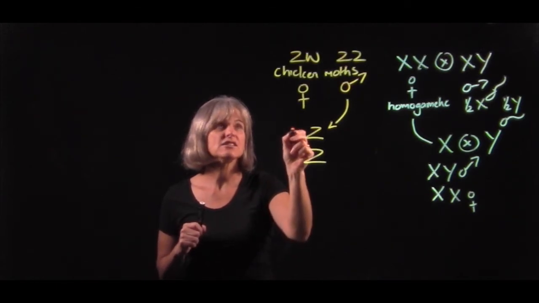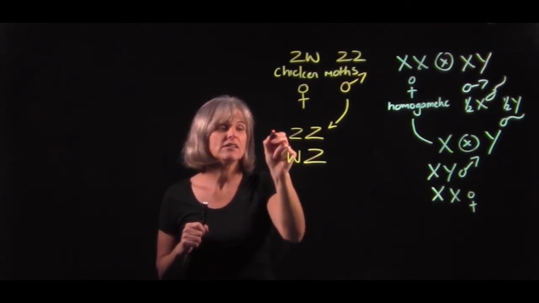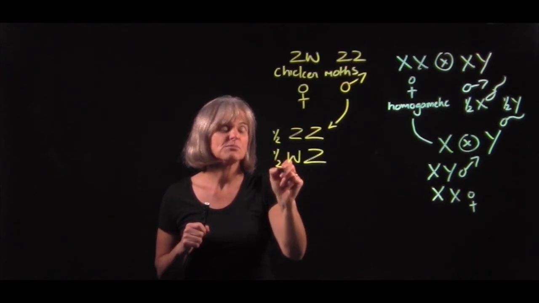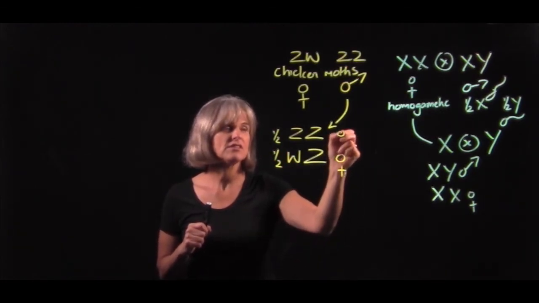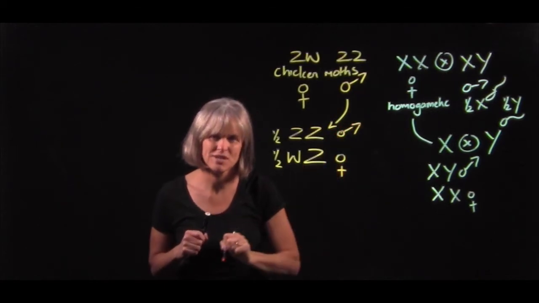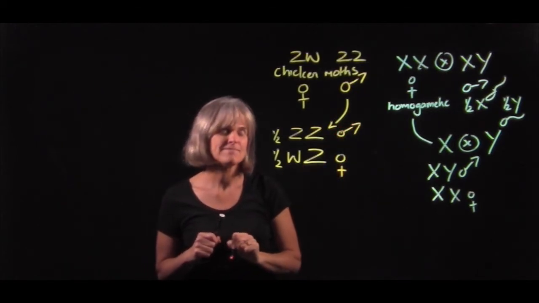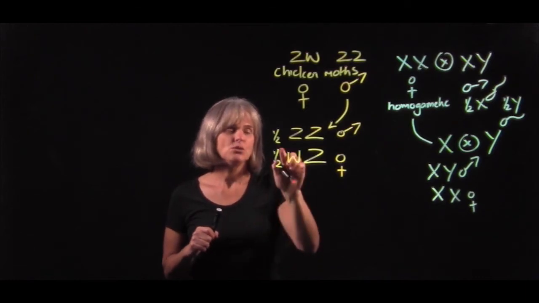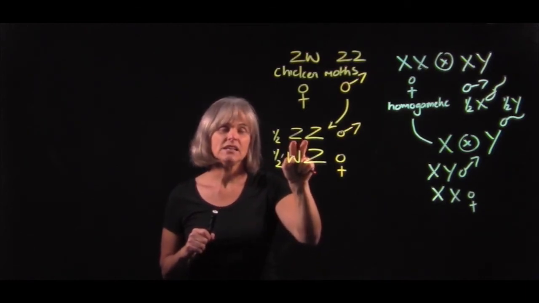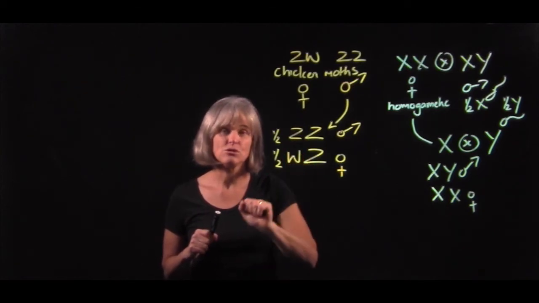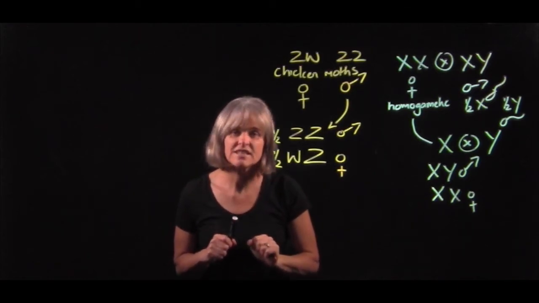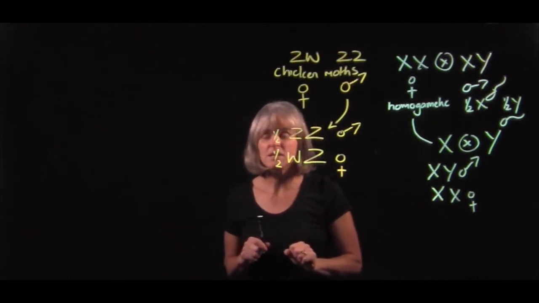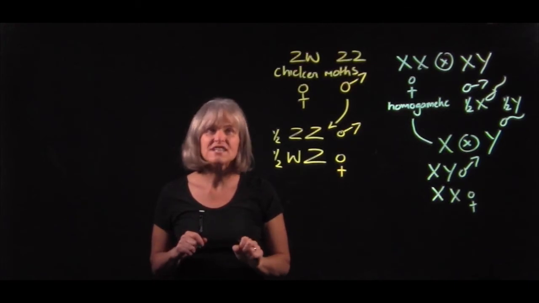And in this case, we say that the female is the one that determines the sex. So these are females and these are males. So it gets a little bit confusing, isn't it? And again, we will say in this case that the male is the homogametic sex and the female is the heterogametic sex. So there's two different strategies, and if you bear with me, let me tell you about a third.